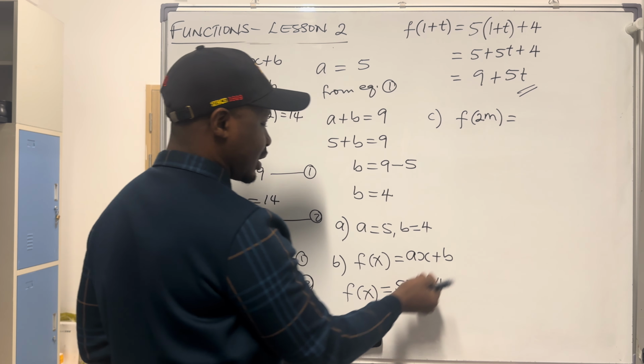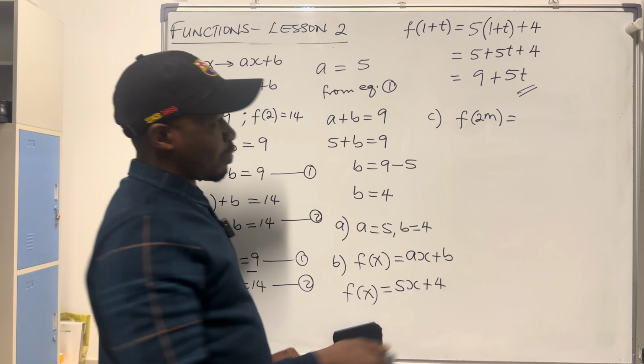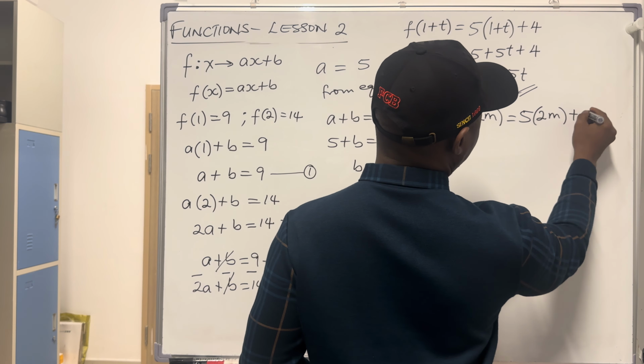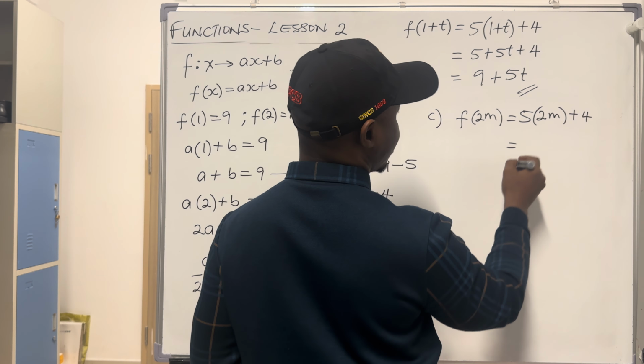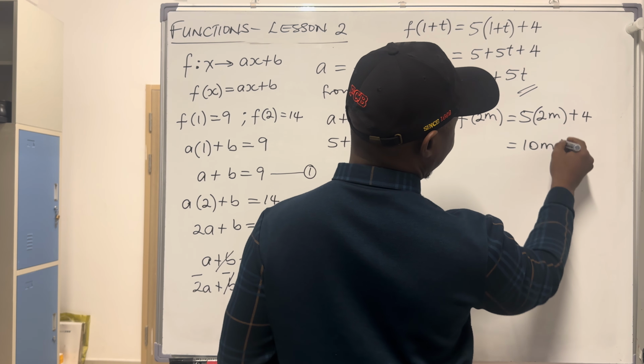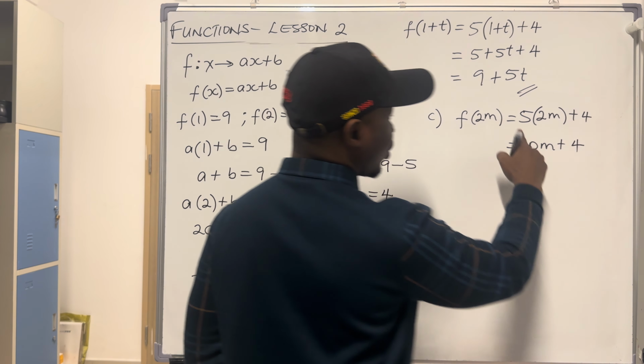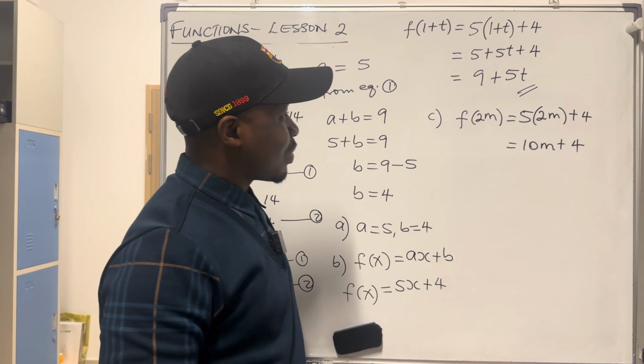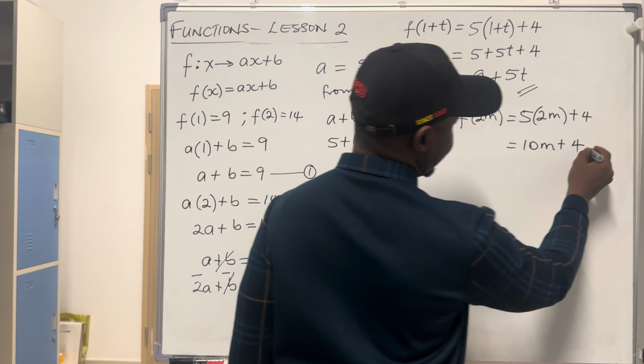So f of 2m is 5 times 2m, plus 4. 5 times 2m is 10m. This is 4. You cannot say 5 times 4 because the bracket ends here. I hope it is clear.